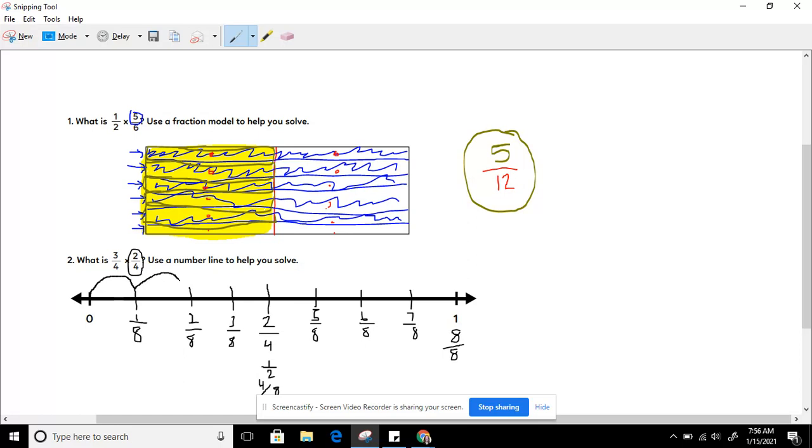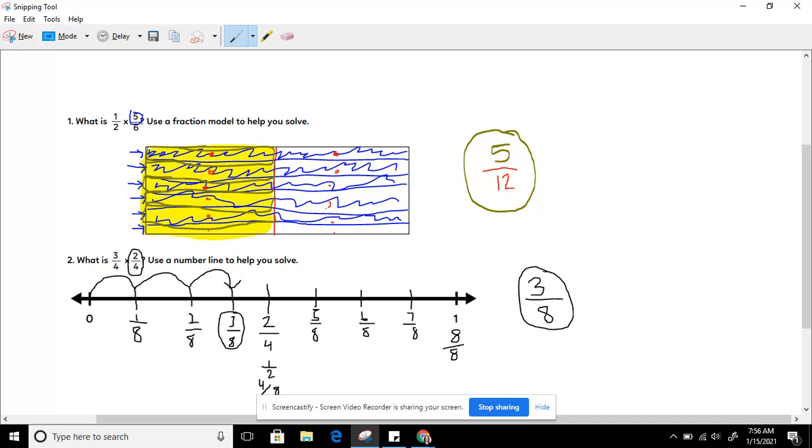From 1/8 to 2/8 is 2 jumps. From 2/8 to 3/8 is 3 jumps. So we just made 3 jumps: 1/8, 2/8, 3/8. Once we make our 3 jumps, we look at where we landed. We landed at 3/8, and that's the answer. 3/8.